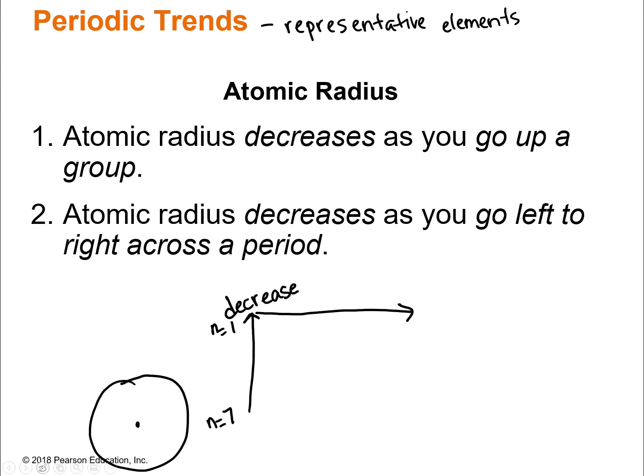If that's our n equals 7, and we have an electron hanging out there, and this is our n equals 1, it kind of makes sense that as you go up from the biggest energy level to the smallest energy level, the size of the atom is going to decrease because the energy levels are shrinking.